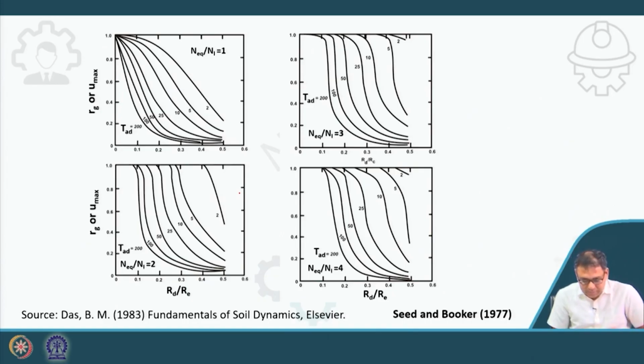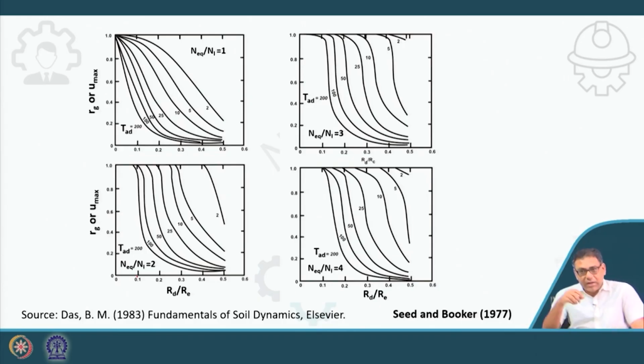Here you can see there are 4 design charts. This is N equivalent by N_L equal to 1, this is 2, this is 3, this one is 4. And that's why we are using the stone column, no?